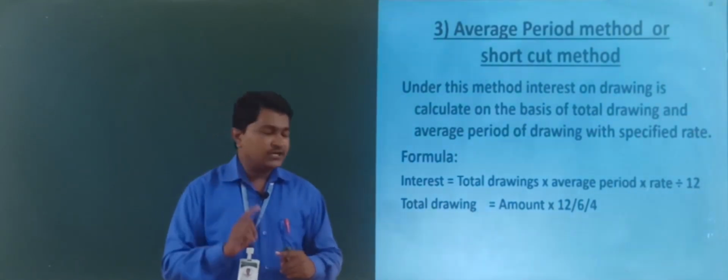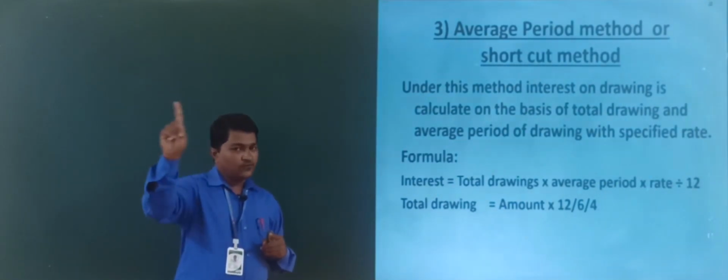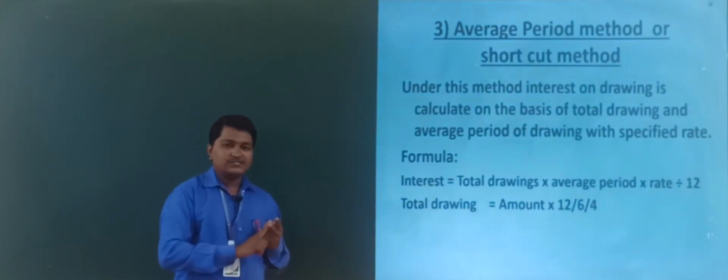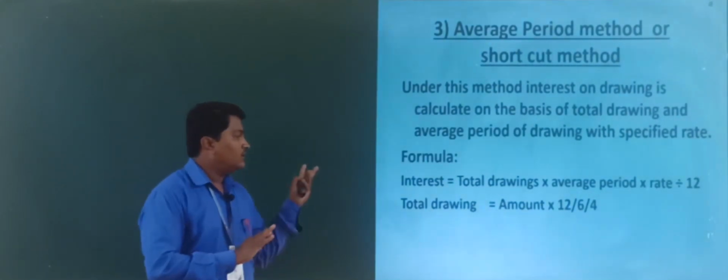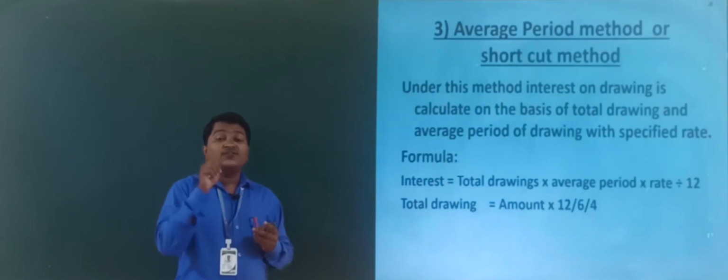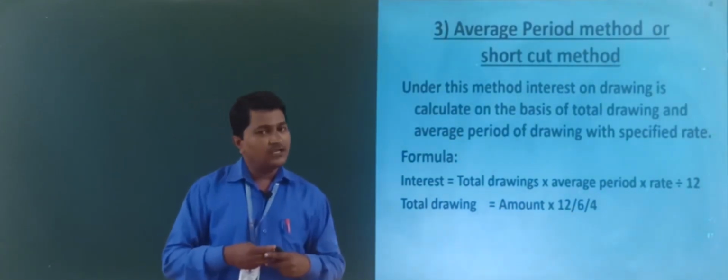So please concentrate here. We multiply by 12 when he withdrew for the full year, by 6 when he withdrew for half year, and by 4 when he withdrew quarterly, meaning after every 3 months.